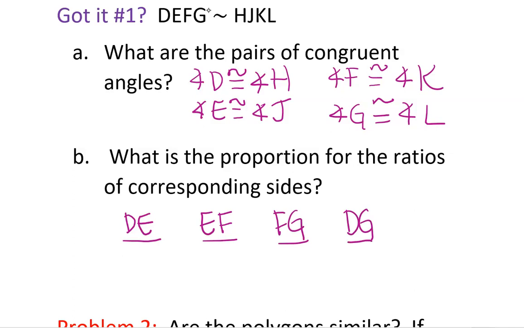Then you match them up with those same letters in the second figure. So I chose the first two letters, so I'm going to go with HJ. Then I'm going to go with JK. Then I'm going to go with KL. And then I'm going to go first and last letter. Okay, exactly the same thing. So you're just taking them two at a time and just moving to the right by one letter.